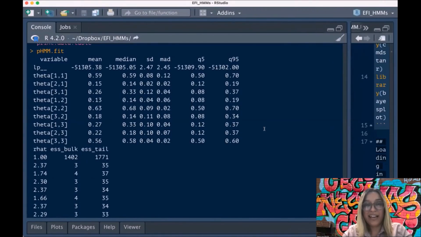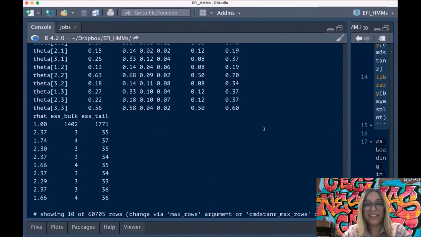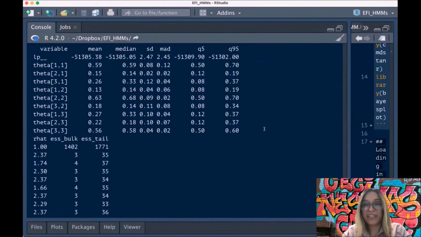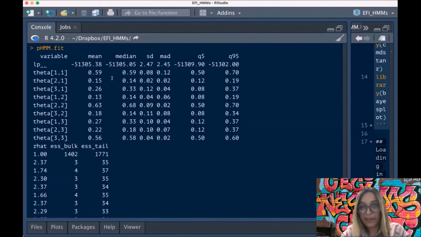Okay, I have the Poisson HMM fit showing the first 10 rows. And here's what I want to show you, because this sort of freaked me out for a long time. Remember that for the Poisson HMM, we did not incorporate any ordering. I didn't say that my lambdas had to go from smallest to largest. They weren't ordered in any way.